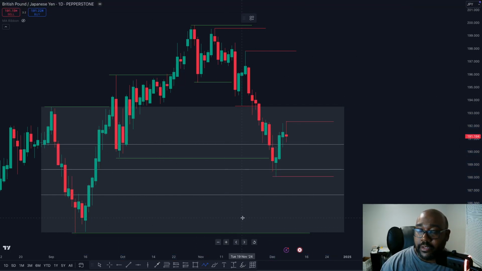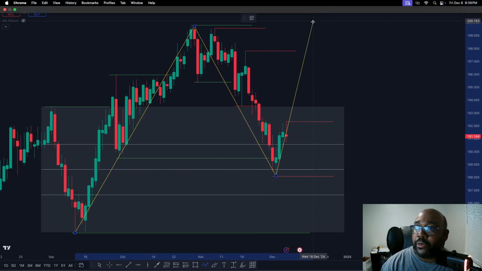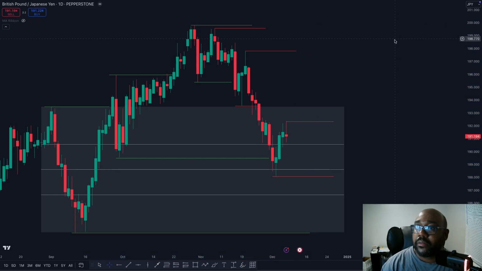Hold on. So this is a swing point. We are doing this on a higher time frame, and we're looking to break the highs off of this pullback.